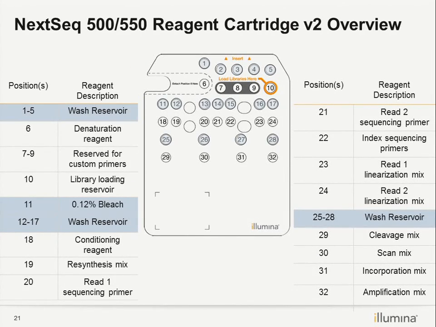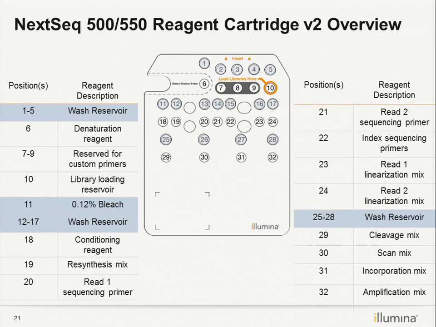Okay. And if you're interested in what reagents are pre-coded in the cartridge, you can refer to this table. I'm not going to go through details. This is where we load libraries, number 10, and custom libraries are 7, 8, and 9.